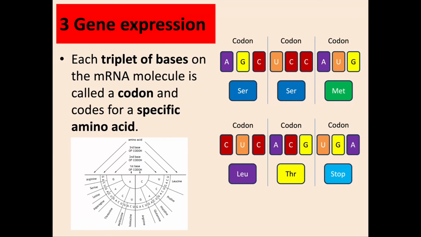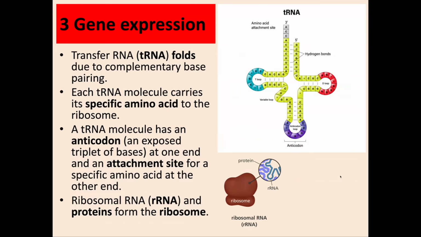We'll talk more about stop codons shortly. But just be aware that sometimes a codon codes for something which isn't an amino acid. Those can either be start or stop codons, which, as the name suggests, either start or stop this process. So each triplet of bases on an mRNA molecule is called a codon and codes for a specific amino acid.